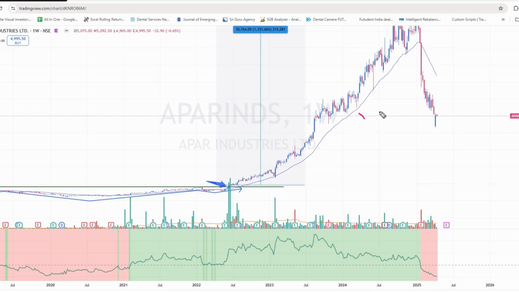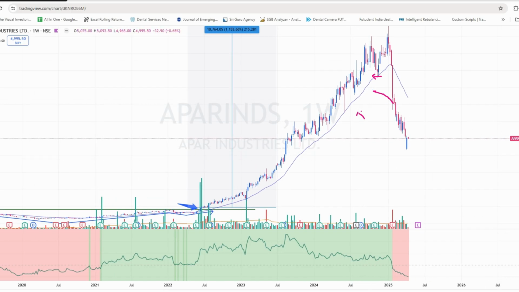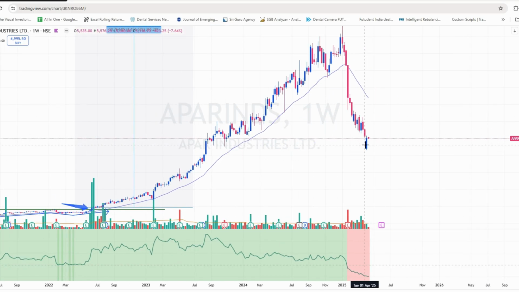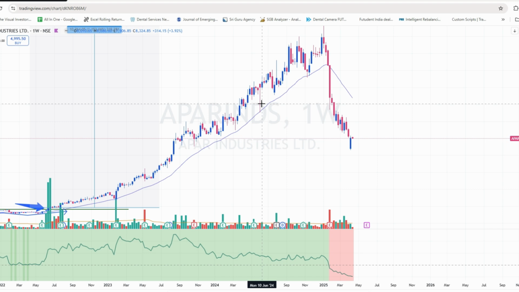The stock comes near this 30-week moving average, touched it, but it didn't close below it. It showed a superb tail and then it moved up. That is why you should not exit the trade when it is giving you huge returns. Particularly, don't exit the winners too early.